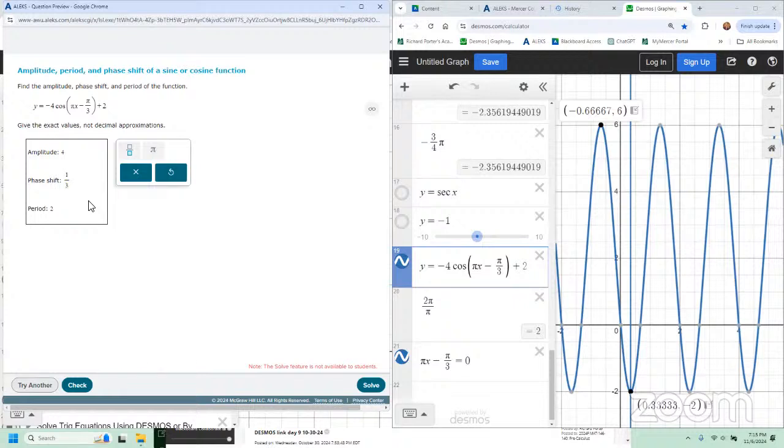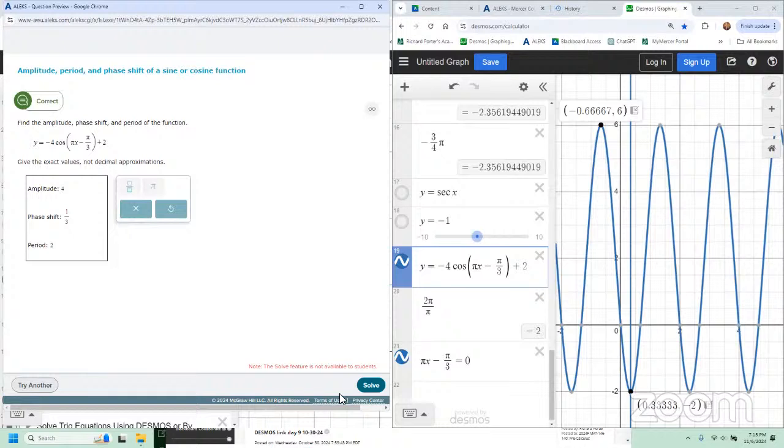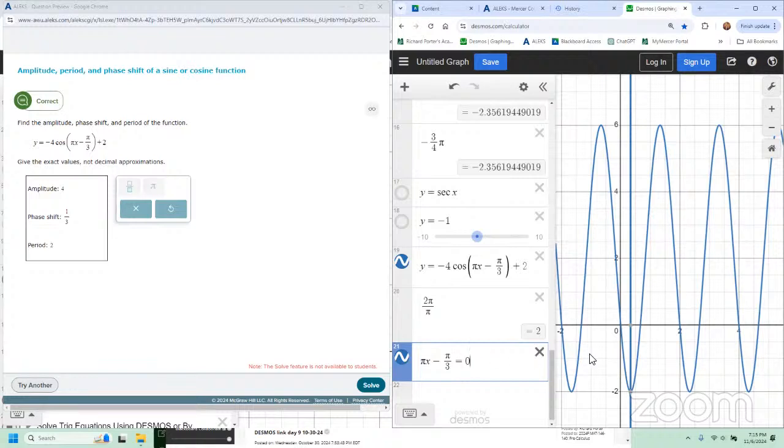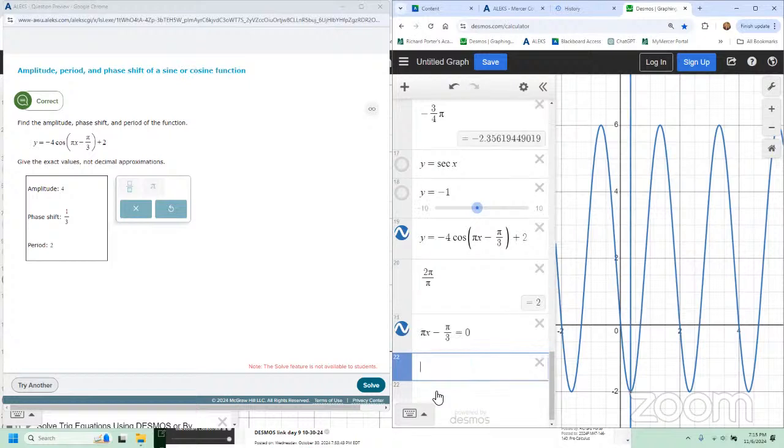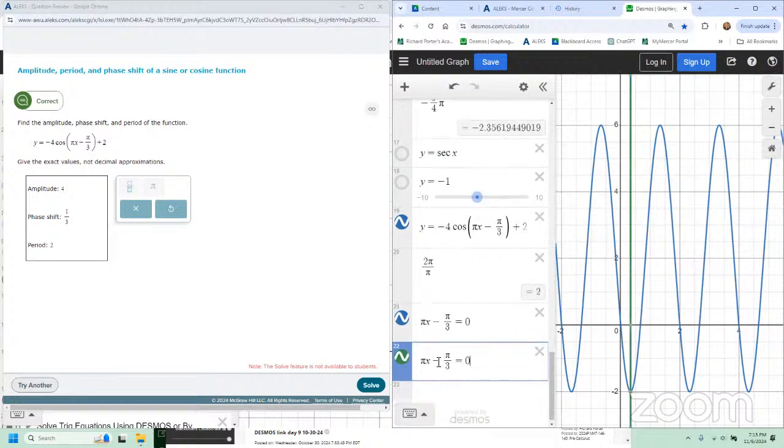A third is technically the wrong answer, but it's probably going to say it's correct. Yeah. So it just says, take this, set it equal to 0. Okay. And if you want that number, it's right there. It's 0.3333. You can solve this if you like: that equals pi over 3.